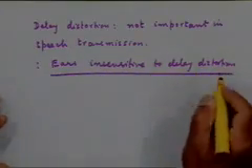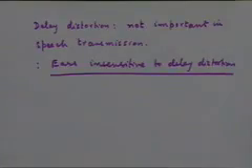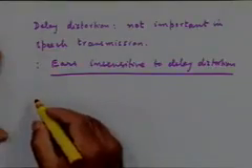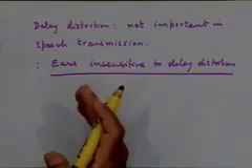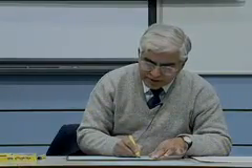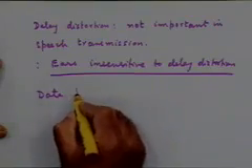To understand why that is so, of course you have to go into how the ear perceives the signal, right? We're not going to go into that right now, but that's just a matter of information for you. On the other hand, delay distortion becomes fatal if it is present when you are doing particularly data transmission, right?